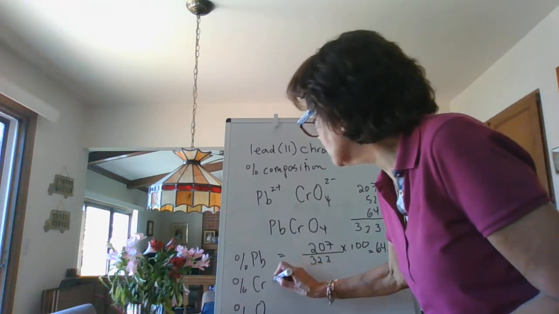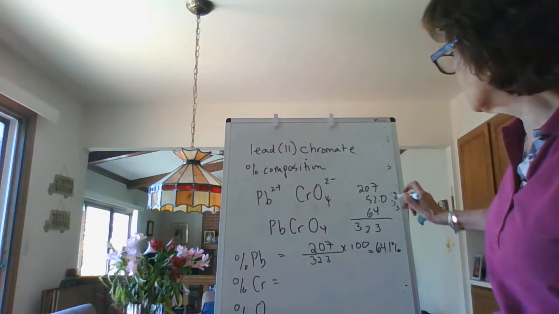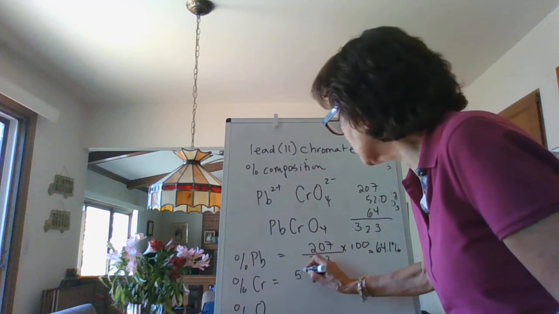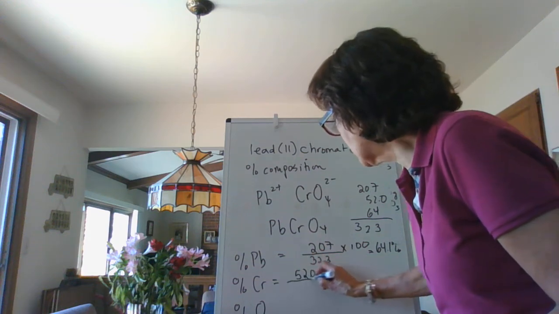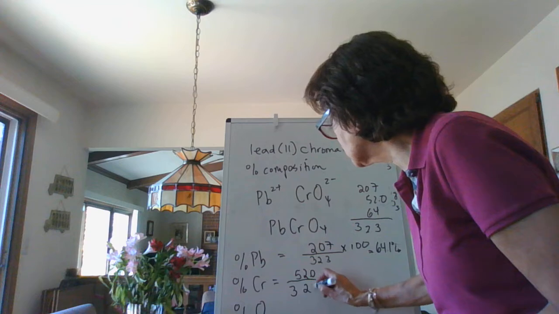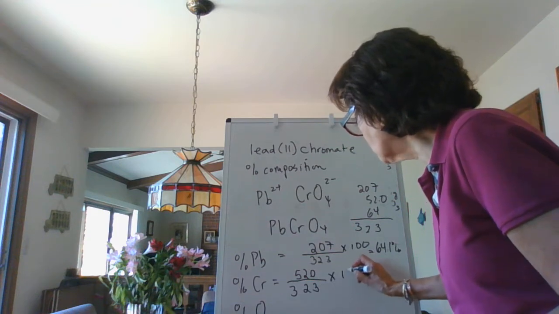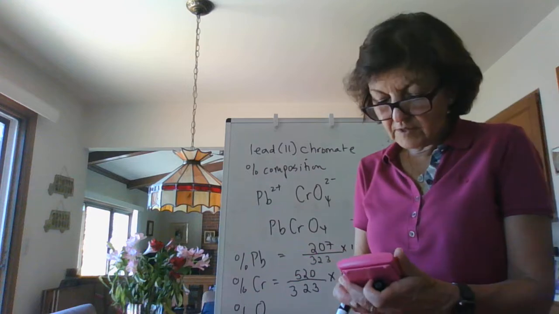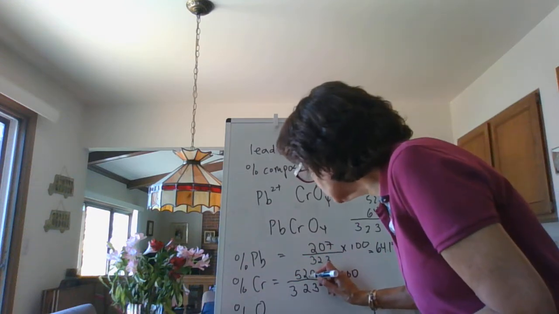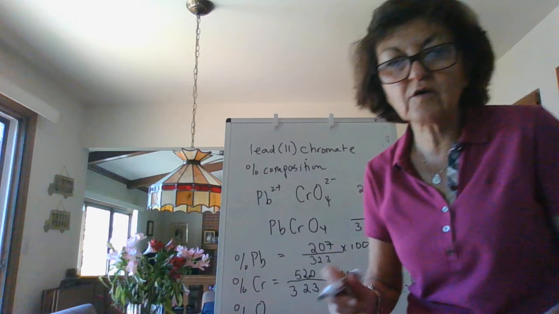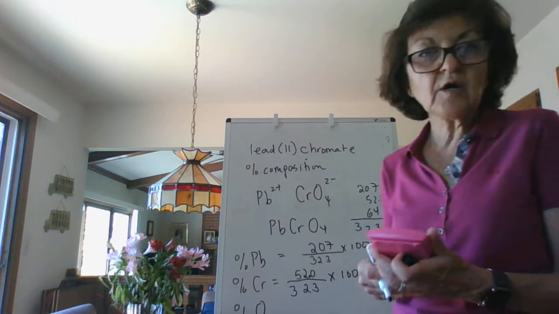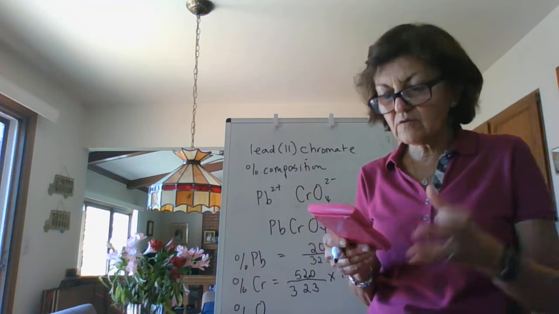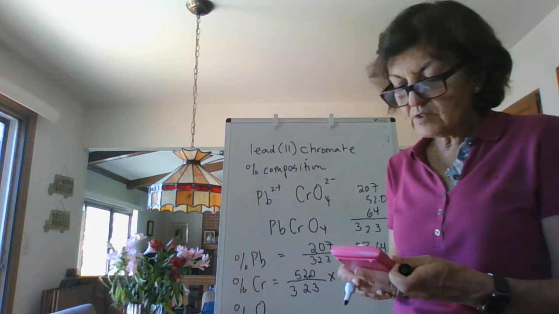All right, so now let's do the chromium. Chromium, we take the 52, which is the mass of the chromium, divided by 323 times 100. Okay, so 52, again, these decimals don't really show up very well in the video, so I apologize for that. Hopefully, if you're listening carefully, you hear me saying the decimal.